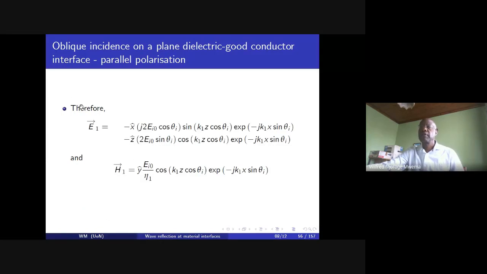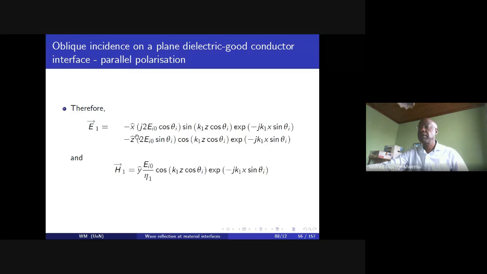And therefore, the total field in medium 1 is given by the superposition of the incident and the reflected wave components. And we see that we have an x component pointing in the minus x direction and our z component pointing in the minus z direction.